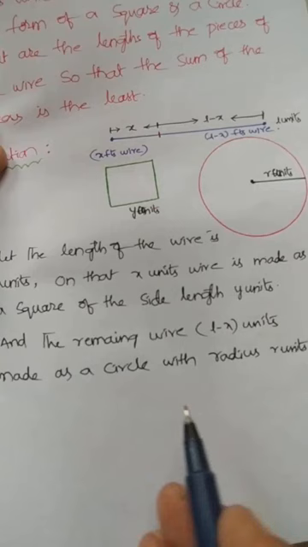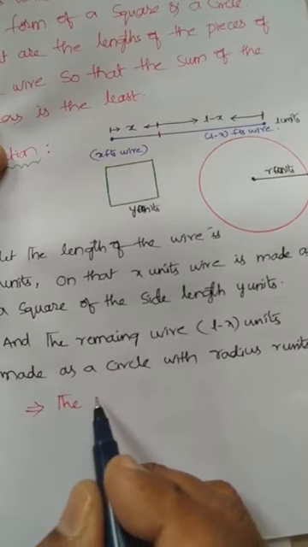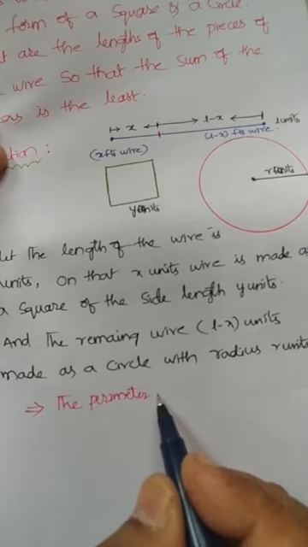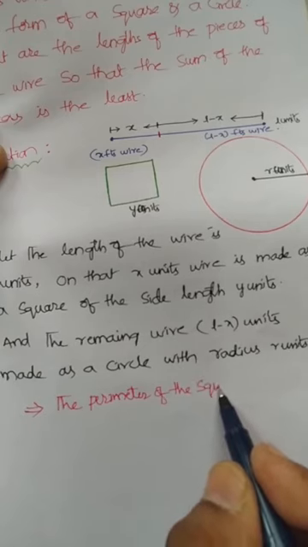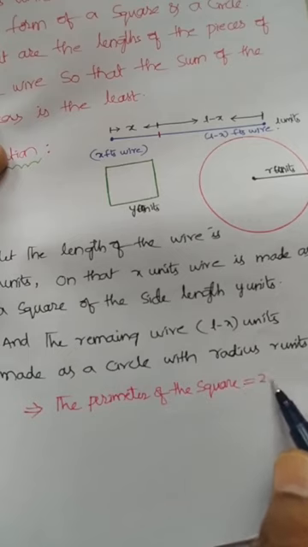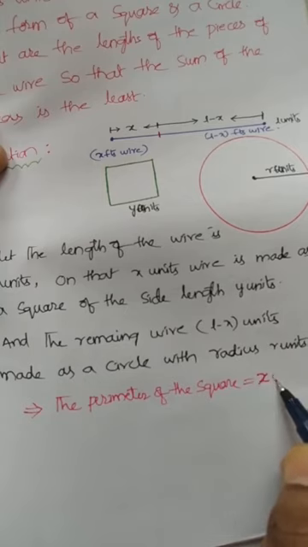It implies the perimeter of the square is equal to x units.